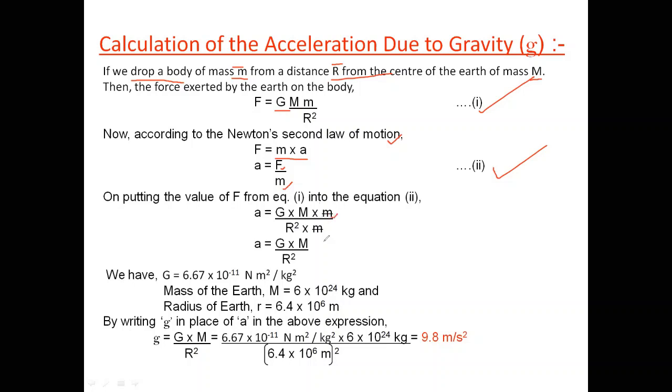So acceleration we get capital G, that is universal constant, into mass of the earth divided by r square. We all know the value of capital G, that is 6.67 into 10 to the power minus 11 Newton meter square per kg square. Mass of the earth 6 into 10 to the power 24 kg, and the radius will be 6.4 into 10 to the power 6 meter.